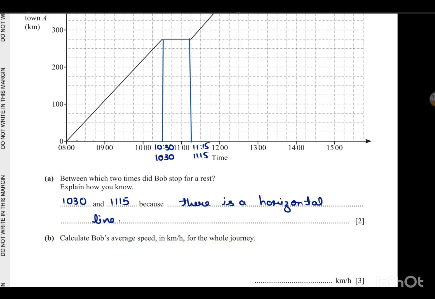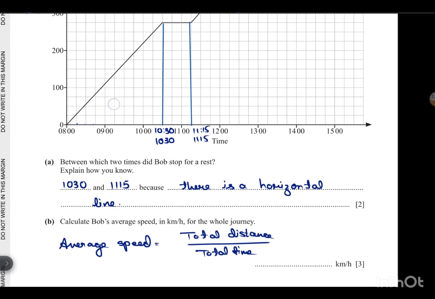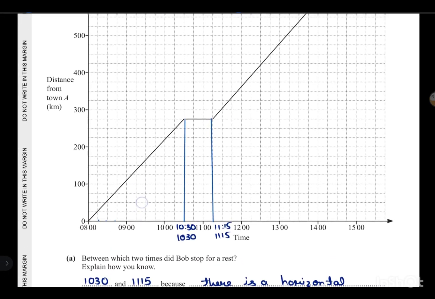So average speed will be total distance by total time. So total distance, you have to look into the graph.